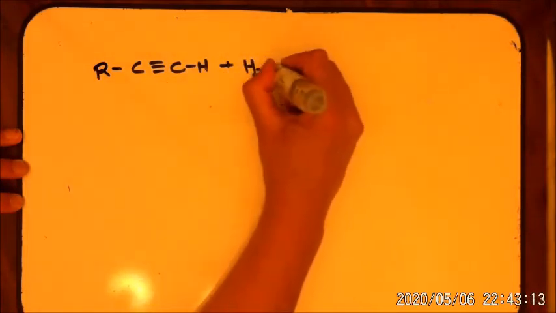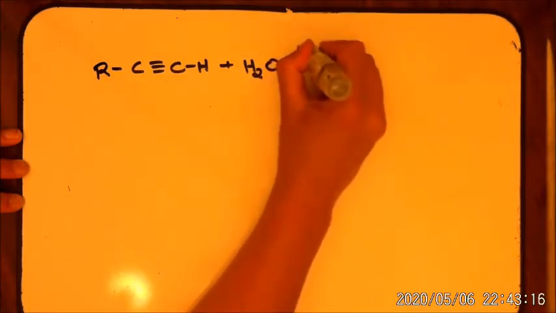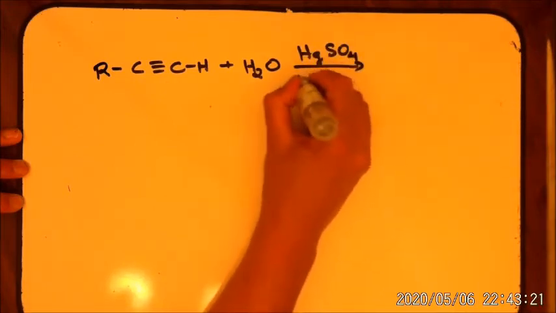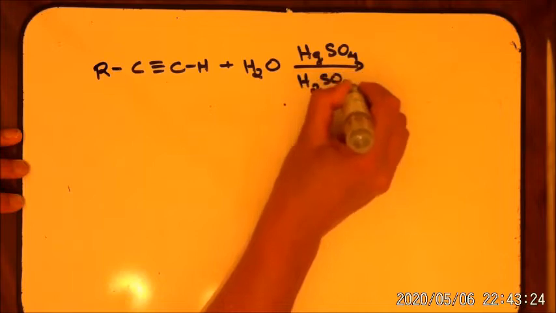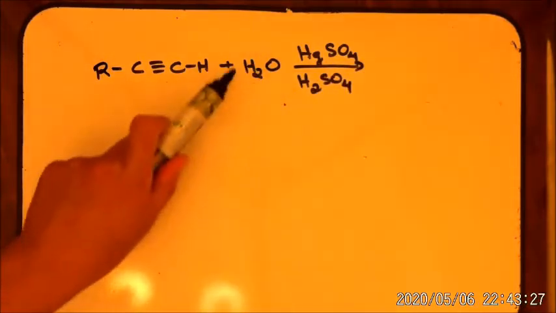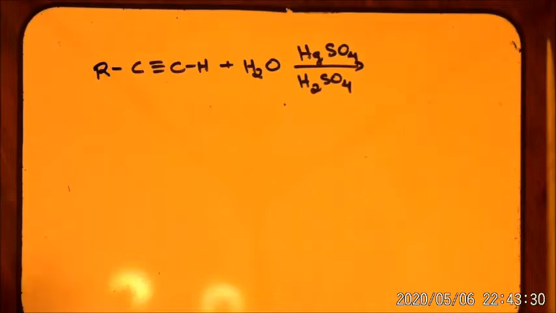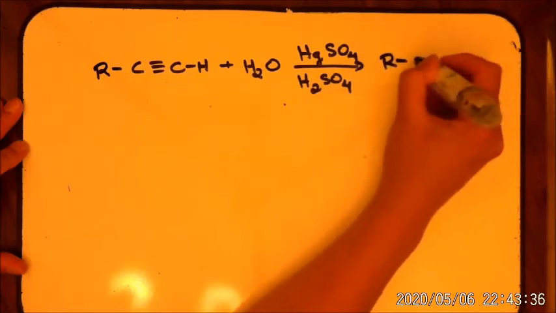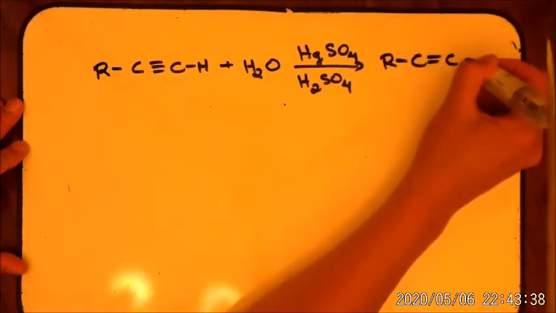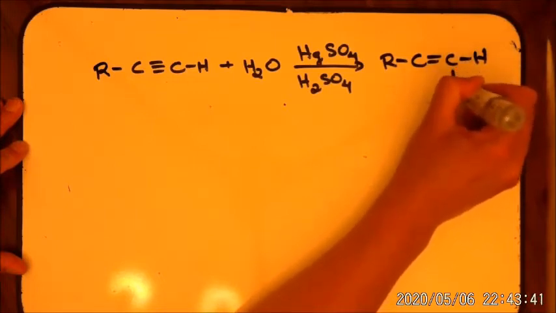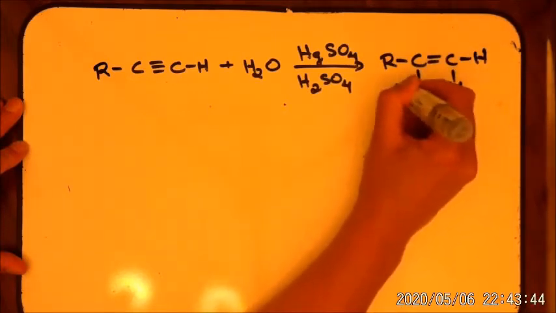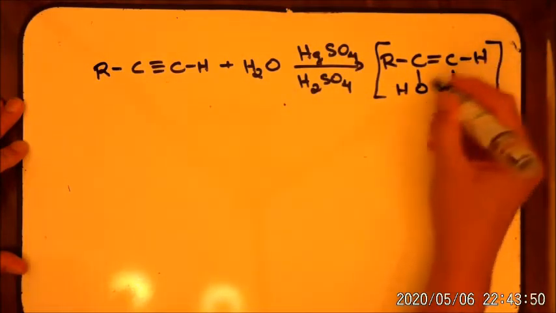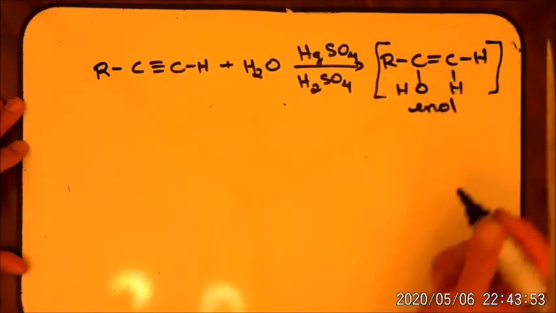We're going to use mercuric sulfate, okay, with some acid, okay. You may also see it as mercuric sulfate, just with the hydronium ion. And what happens is, you add water across in the Markovnikov fashion. This is called an enol, alright?